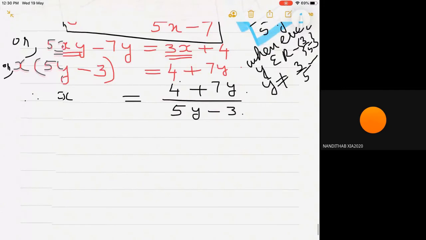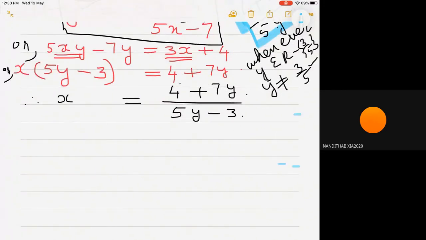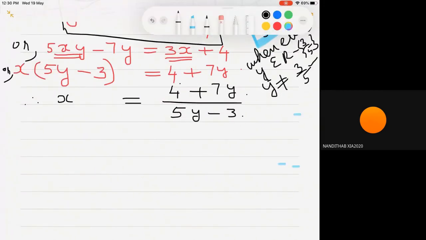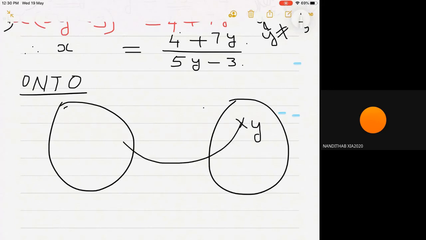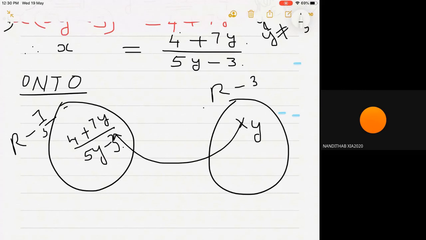So for onto, the theoretical definition is: for every y we get 4 plus 7y by 5y minus 3 in this R minus 7 by 5, and this is R minus 3 by 5.